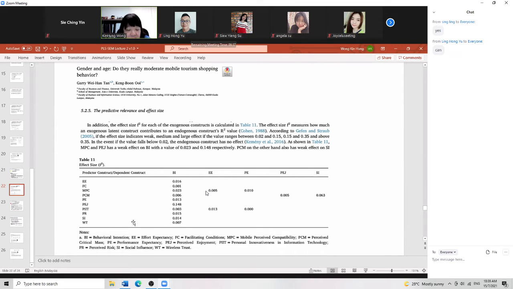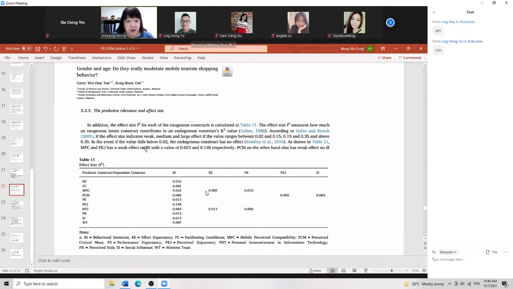This one. PCM 11. They have a weak effects, okay? So if the value falls below 0.02, okay? It has no effects, as shown in this.